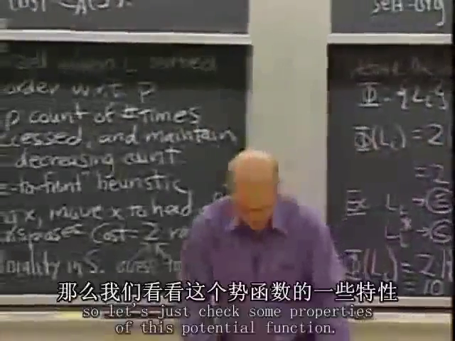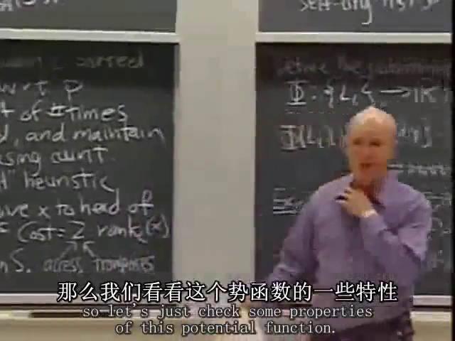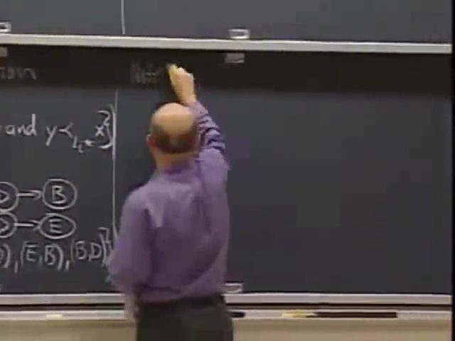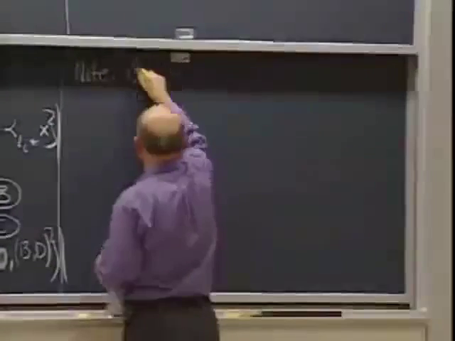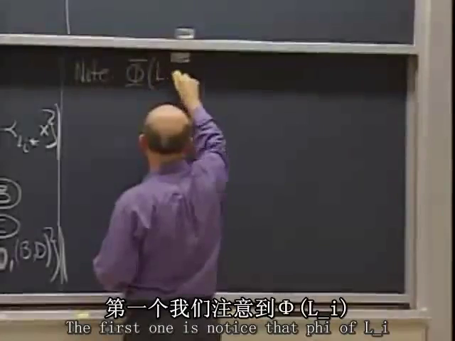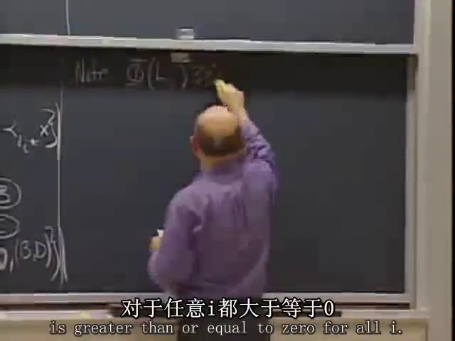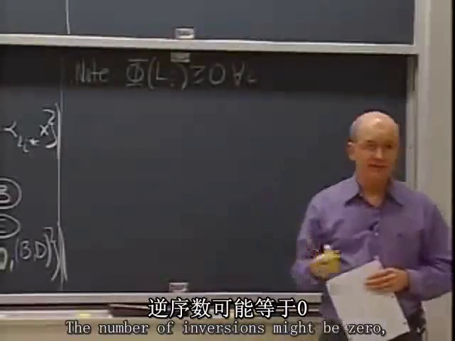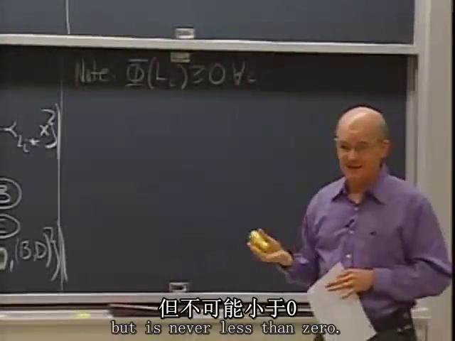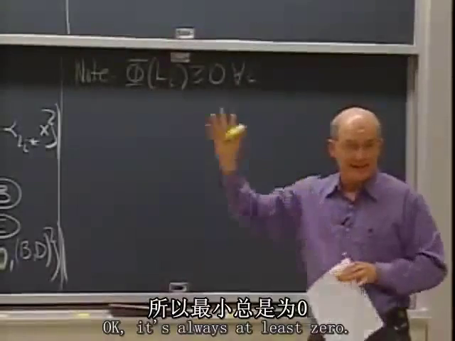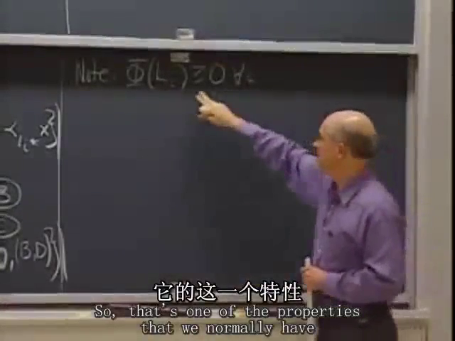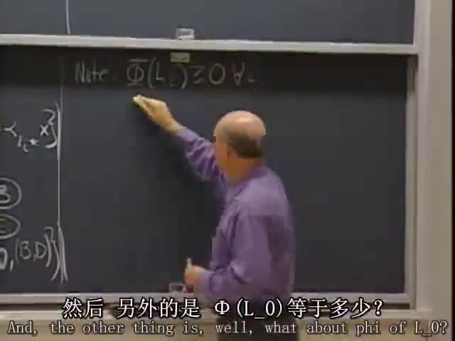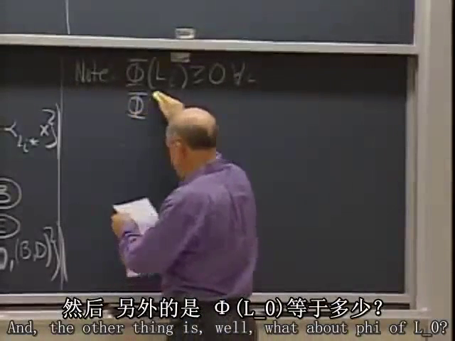Okay, so let's just check some properties of this potential function. First one is that notice that phi of Li is greater than or equal to 0 for all i. The number of inversions might be 0, but it's never less than 0. It's always at least 0. So that's one of the properties that we normally have when we're dealing with potential functions. And the other thing is, well, what about phi of L0?